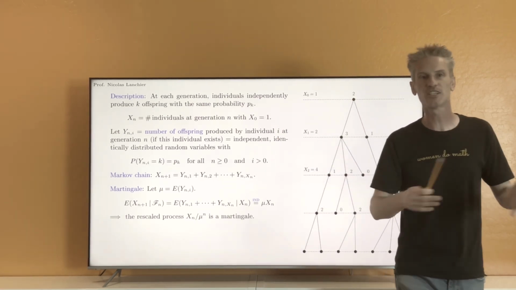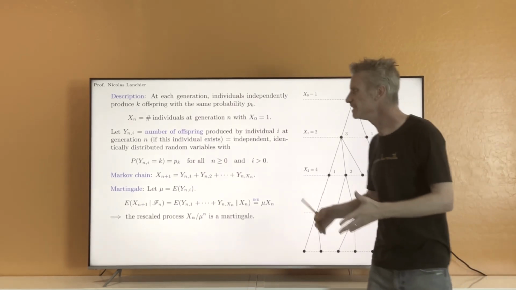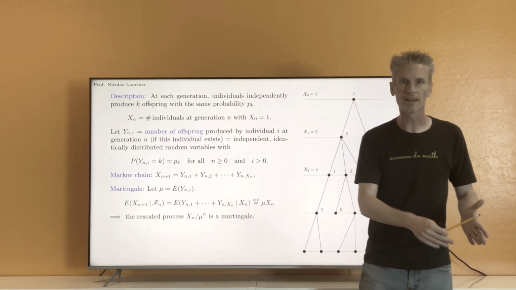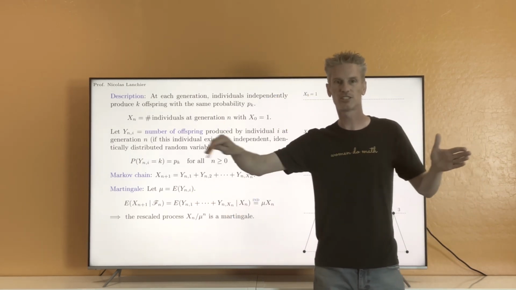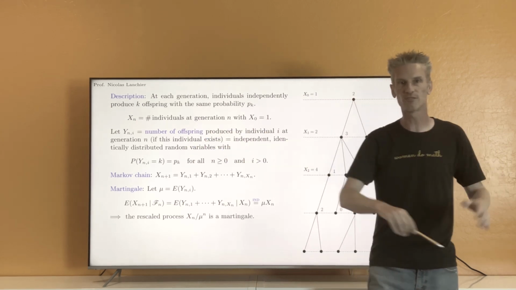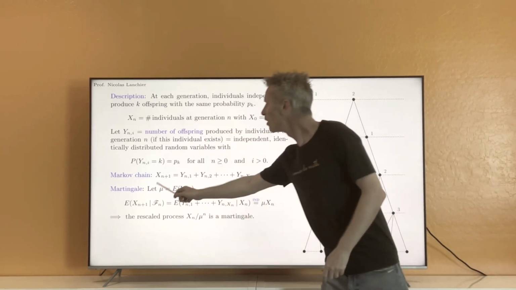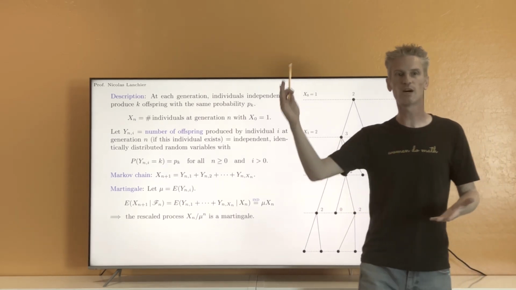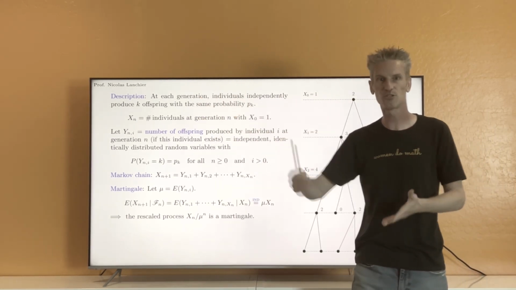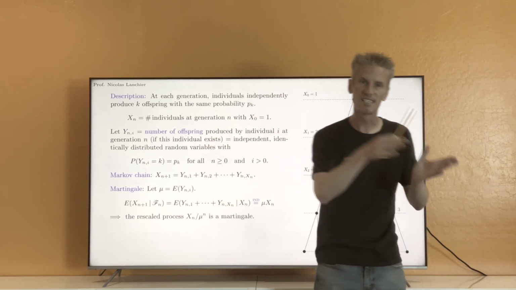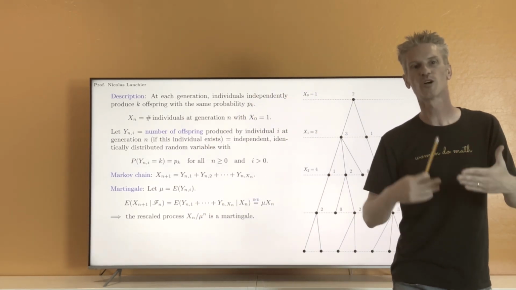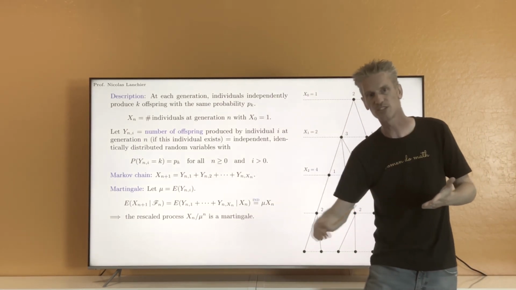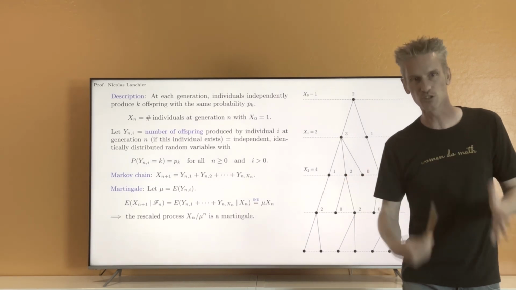So it's intuitively clear that if mu is 1, then on average, the process is not going to move, so we should have a martingale. But if on average, individuals have more than one offspring, we expect to have a submartingale, a process that tends to go up. On the opposite, if mu is less than 1, the expected number of offspring per individual is less than 1, and in this case, we expect the process to go down on average and have a supermartingale.